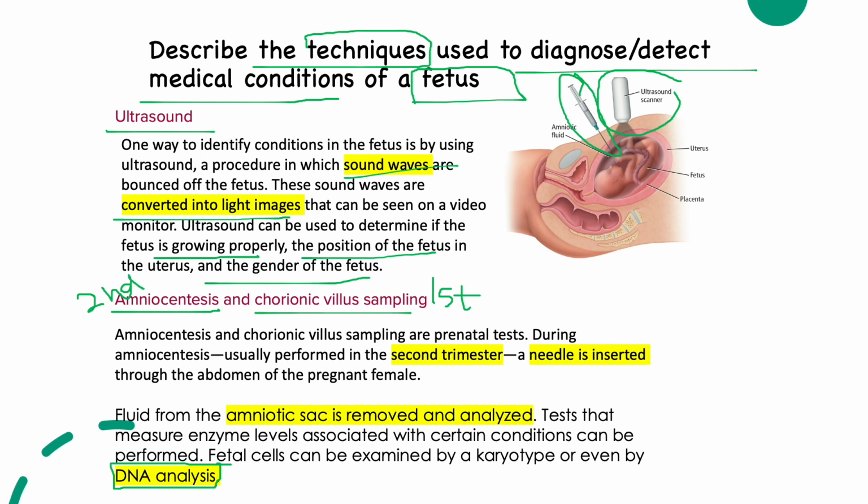You should know that amniocentesis is usually performed in the second trimester. What they do is insert a needle through the abdomen of the pregnant woman. They take the amniotic fluid, remove it, and analyze it for DNA analysis. The same is done with the chorion in chorionic villus sampling in the first trimester.